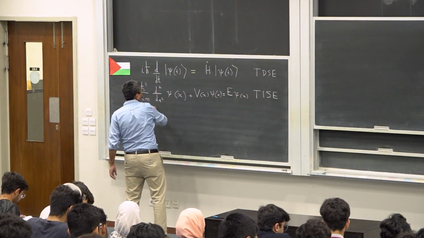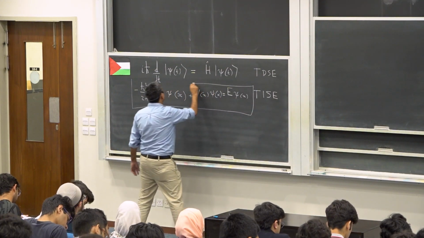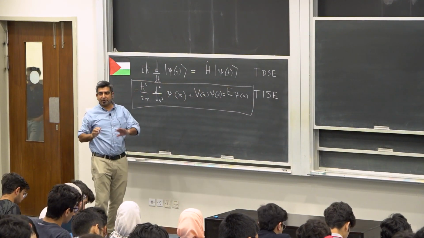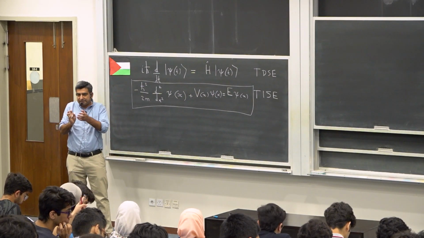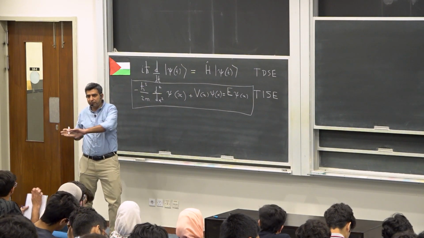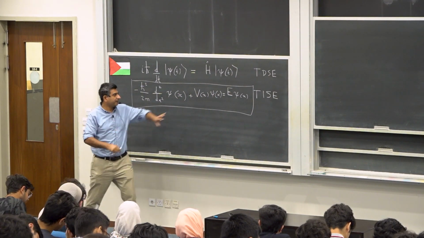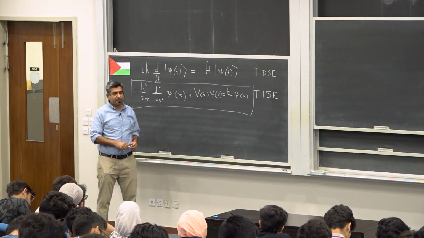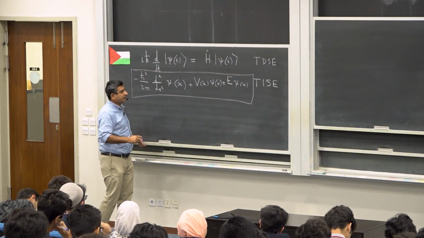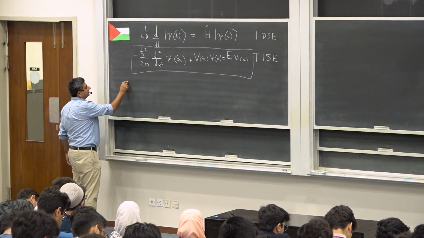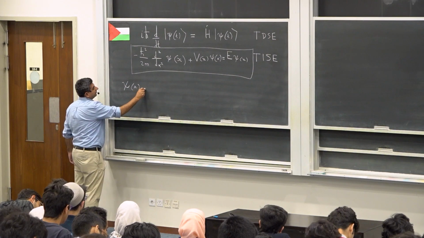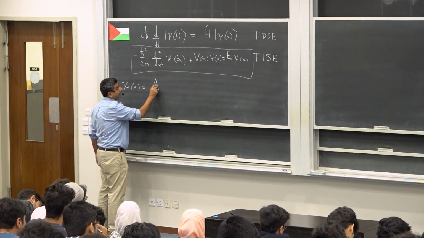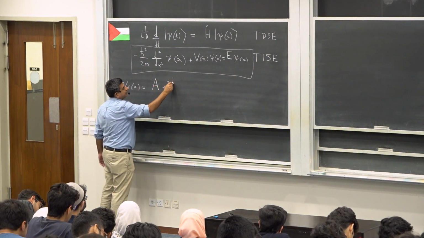And so far we've solved this equation for a free particle. A free particle is a particle that has mass and moves in free space, which means in the absence of potential energy. And for a free particle, we've seen that the wave functions are something like e to the i k x.